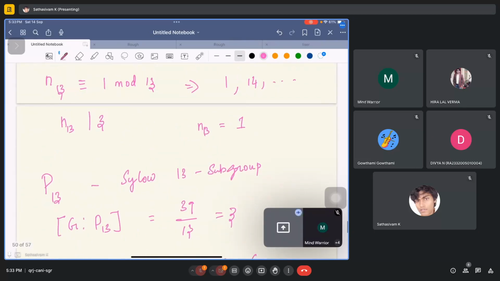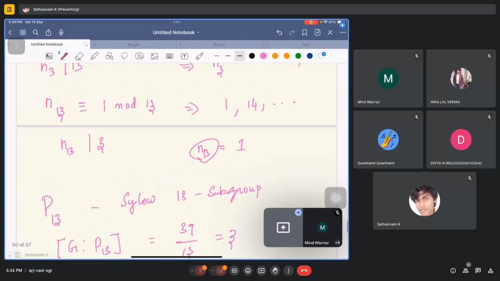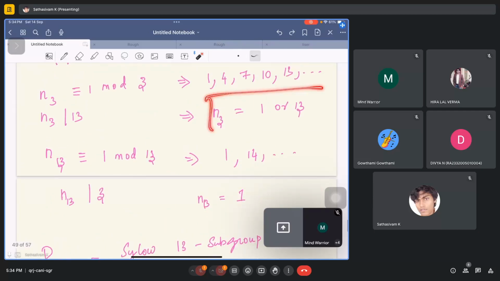Okay, so basically that is what we proved. There are many ways you can try these things. I just showed you two ways to compute N13. One is to directly use the Sylow third theorem. It's not guaranteed that you always end up getting the number exactly. For example, in this case, you didn't get the number exactly. You get either 1 or 13. And sometimes both can be a possibility, because both of them give different groups.